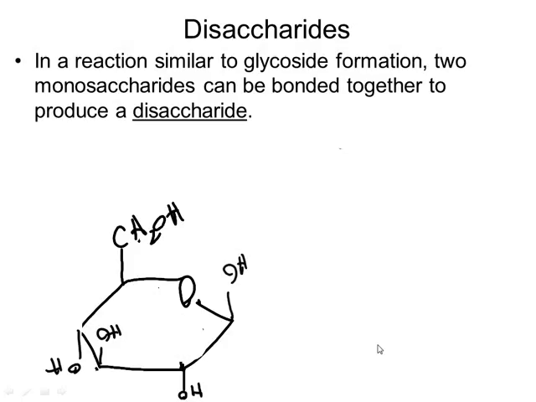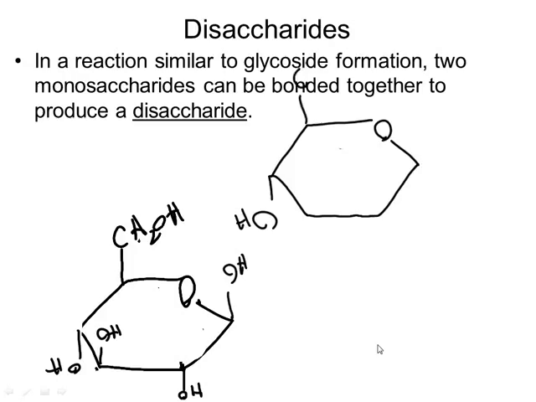Again, I'm just picking at random, so I just decided that this was alpha. So I'm going to have my R group here, like this. But imagine now that my R group is another monosaccharide. It can be whatever we want, right? So I just have another monosaccharide.